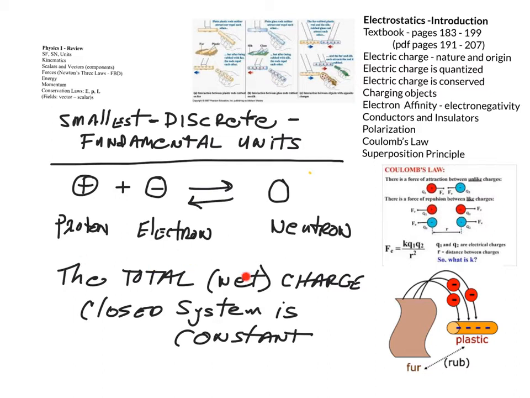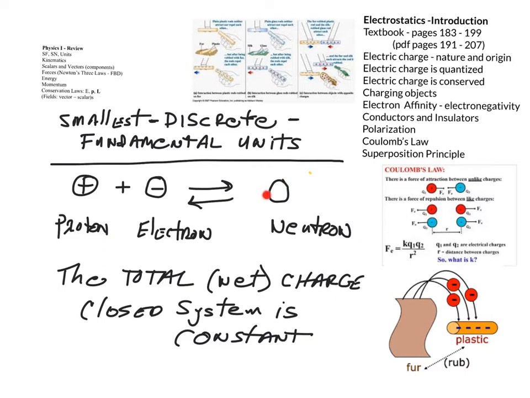Okay, here's the statement for conservation of electric charge. The total net charge of a closed system is constant. And so if you say charge can't be created or destroyed, that's generally true, but there is an exception to that. In nuclear reactions, a proton and an electron sometimes combine to form a neutron. So we destroyed two charges and got a neutral charge.